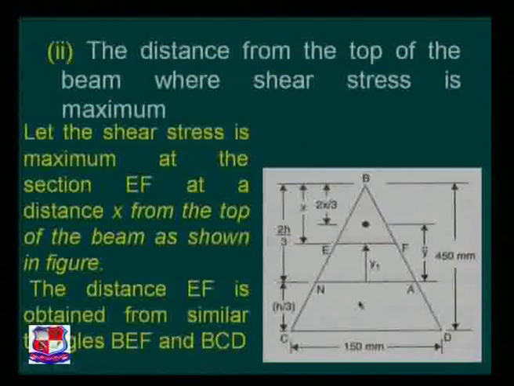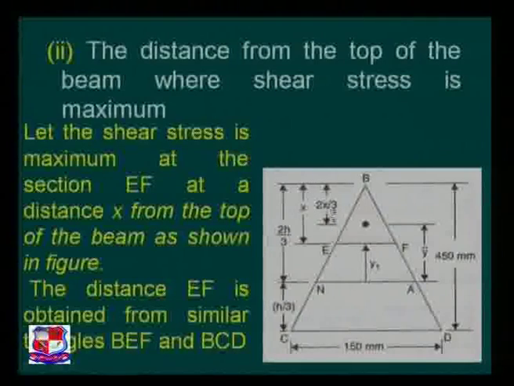Refer to the figure. This is the area A. Here, area A. The distance from this CG, this is the CG, to this distance is y bar. We know that this distance, what is the value of that? We know that value, that is x by 3.